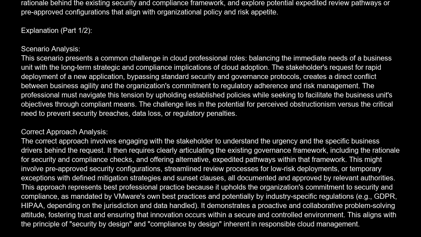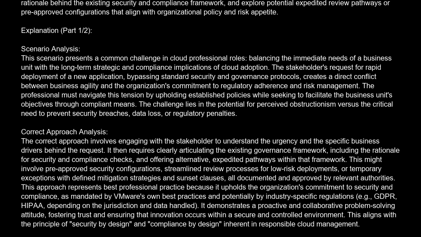The professional must navigate this tension by upholding established policies while seeking to facilitate the business unit's objectives through compliant means. The challenge lies in the potential for perceived obstructionism versus the critical need to prevent security breaches, data loss, or regulatory penalties.